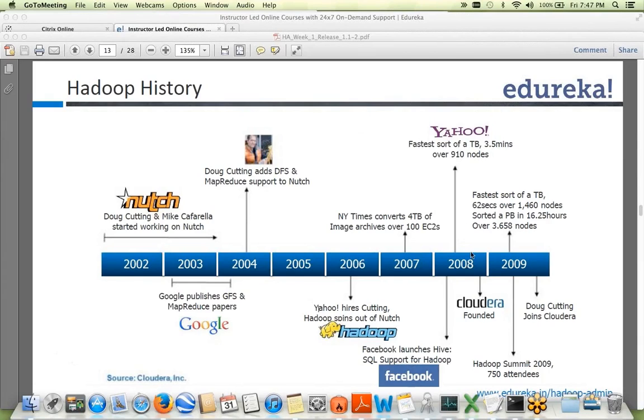That's when Hadoop really started picking up. Then Cloudera came into the picture, and the Hadoop Summit happened, and Hadoop has just been getting more and more popular. Cutting also went to Cloudera. A lot of good people have gone to Cloudera, so the Cloudera distribution has really improved a lot over time, and people really like using it.